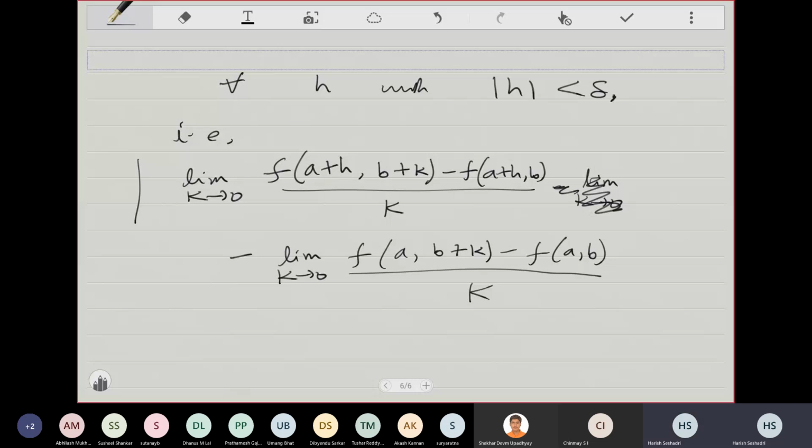These two limits are the first order derivatives, and then minus D21 f at (a,b), absolute value of this whole thing divided by h. So I'll just put it as h inverse multiplied by this, less than epsilon. That's what we want.